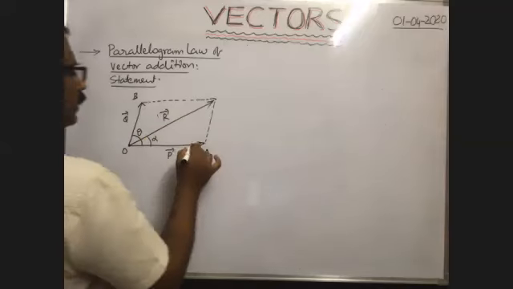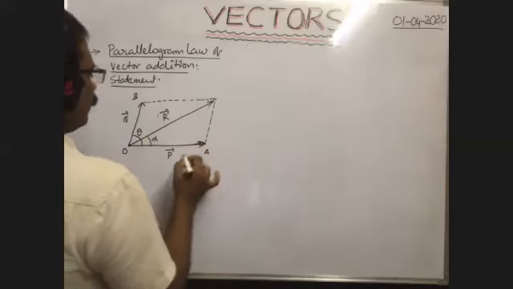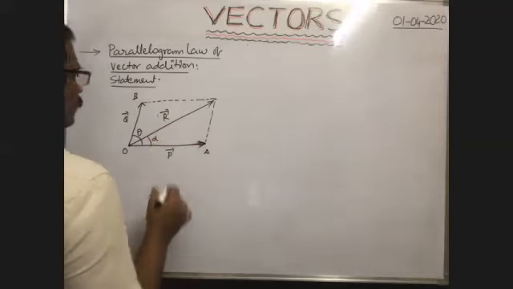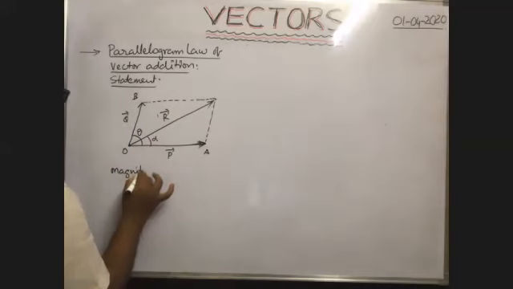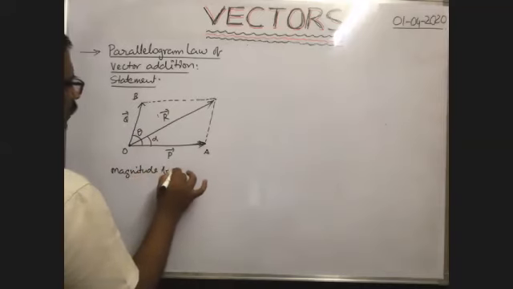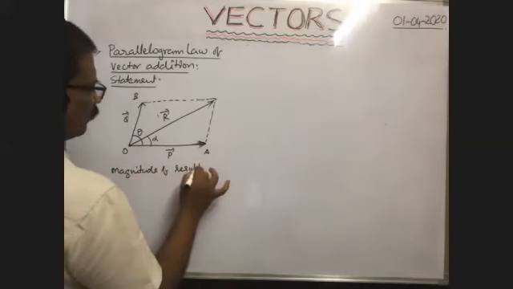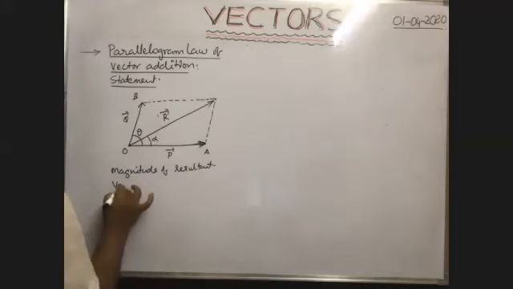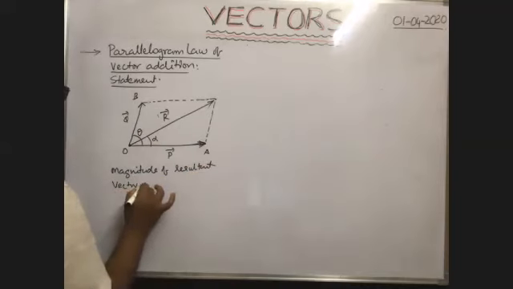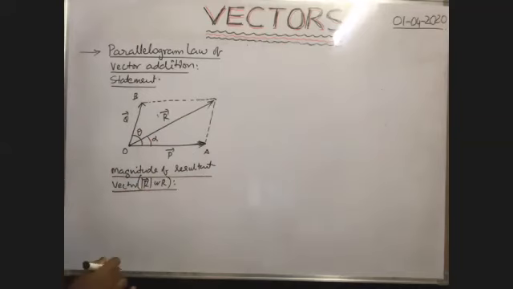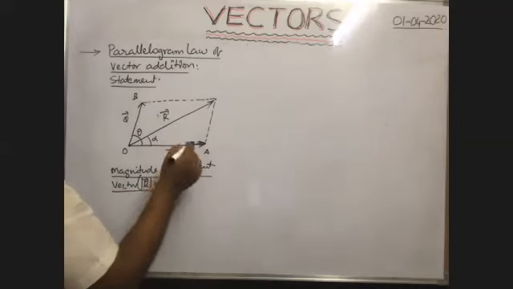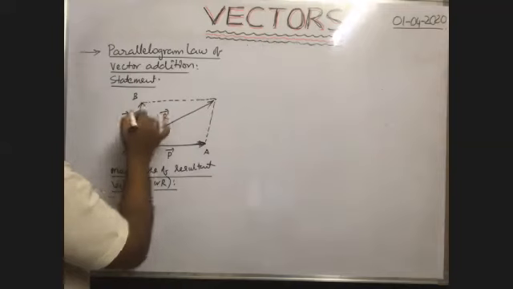Now, to find the magnitude of the resultant vector r bar, the modulus of r bar, simply r, we have to derive the formula. You see from the diagram, OB bar is equal to q bar.